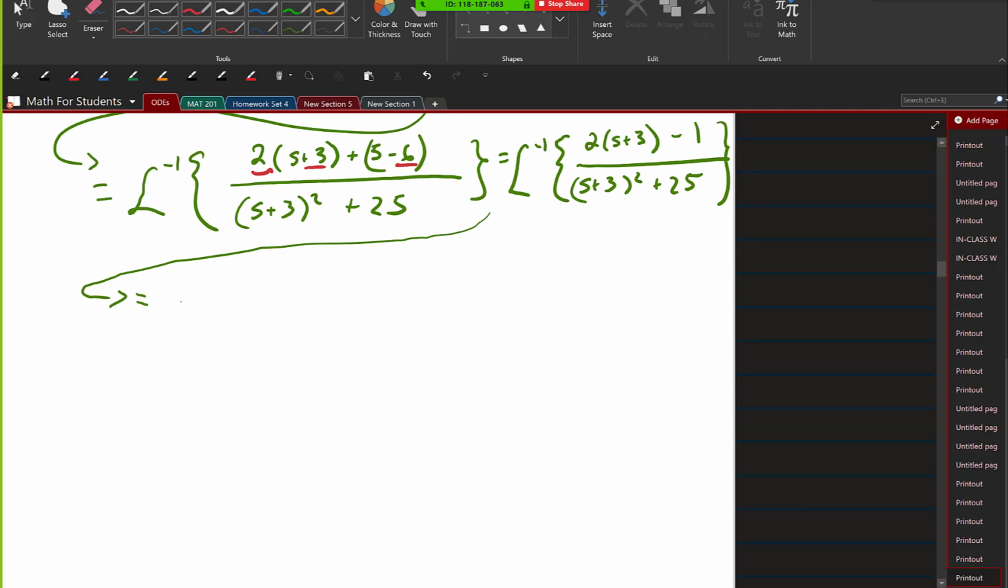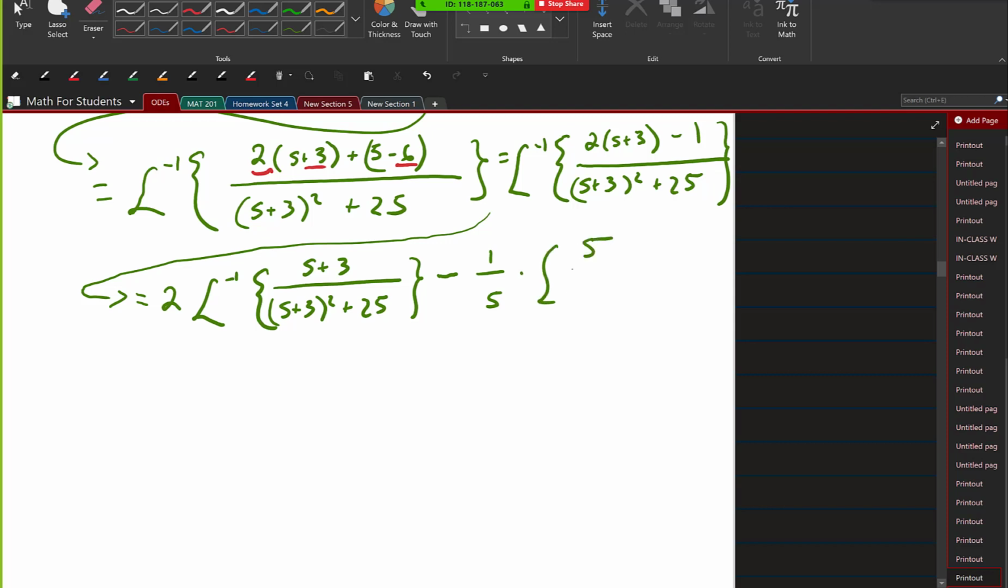So now I'll go ahead and use the linearity of the Laplace transform, and I'm going to write this as 2 times the inverse transform of s plus 3 all over s plus 3 squared plus 25, minus 1 over 5 times the inverse transform of 5 over s plus 3 quantity squared plus 25.